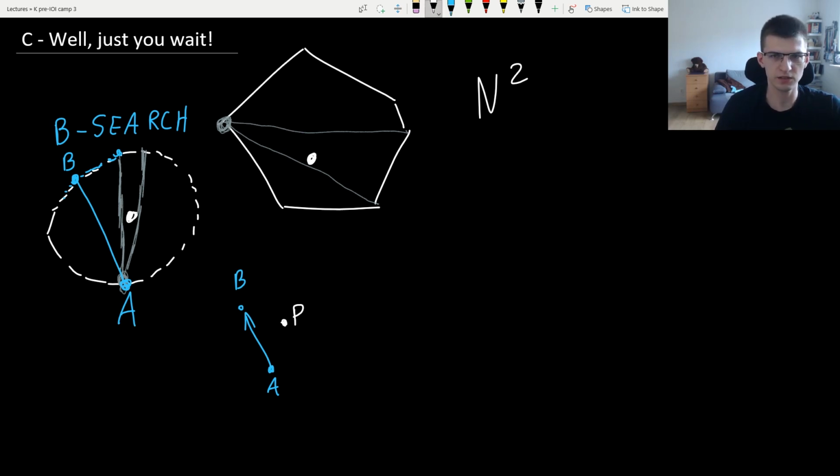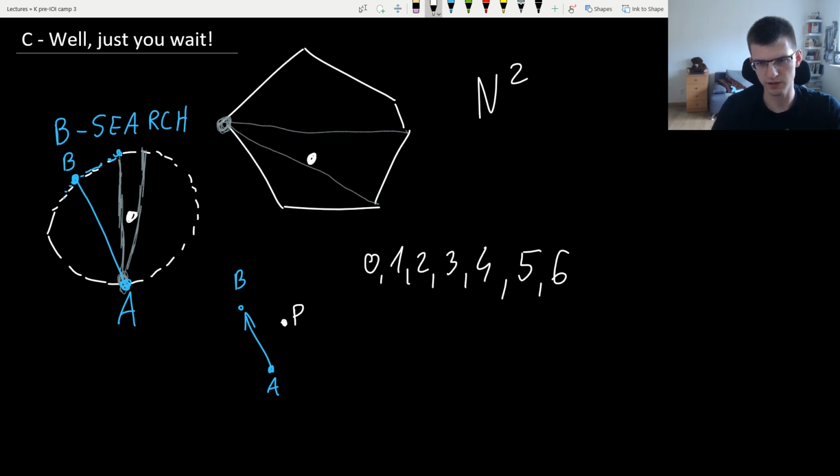For that, it's also helpful because we have points numbered from 0 to n-1 in a circle, like point 0, 1, 2, 3, 4, 5, 6. For a point 3, it's hard to binary search in two separate intervals, suffix and prefix. Then it's good to repeat everything.